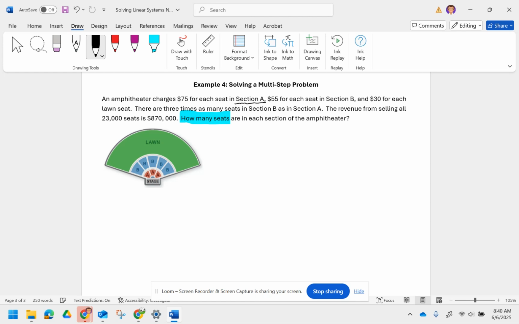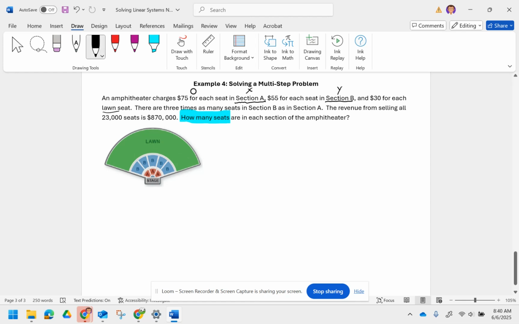So let's say that the number of seats in section A is our x, the number of seats in section B is y, and the lawn seats will be z.